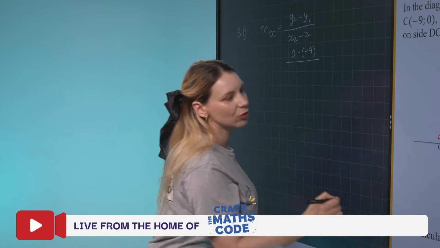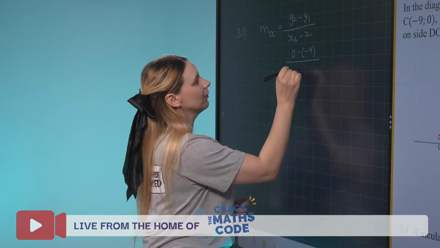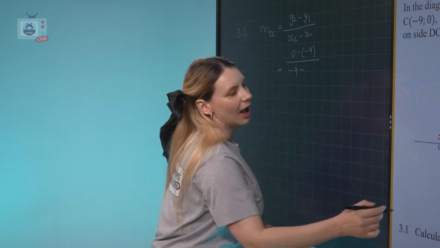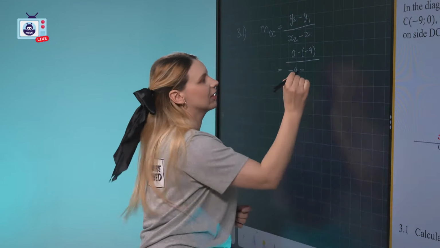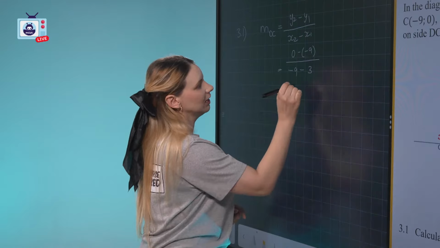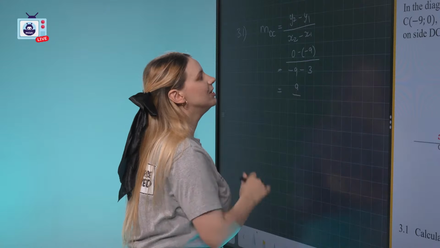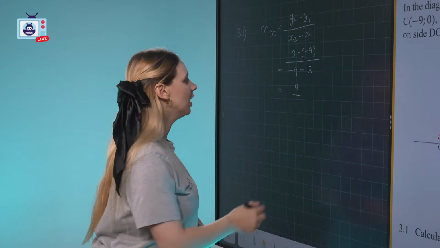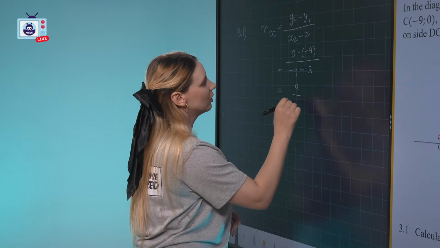Then I look for x2, which is -9 over there. And I have x1, which is 3. So on top I have +9. And at the bottom, I have -9 minus 3, which will give me -12.